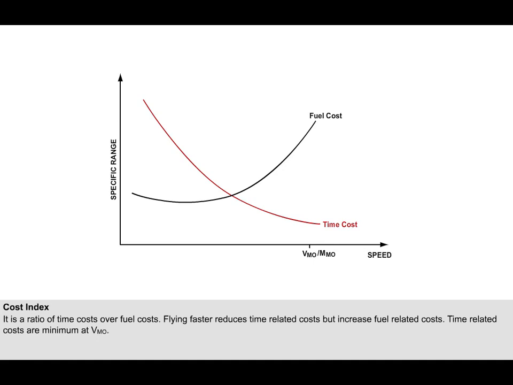Notice that these costs are minimum at the maximum operating speed. However, if the aircraft is flown faster, the fuel burn increases, and total fuel cost for the trip increases. Fuel costs will be minimum at the maximum range speed, and maximum at the maximum operating speed.